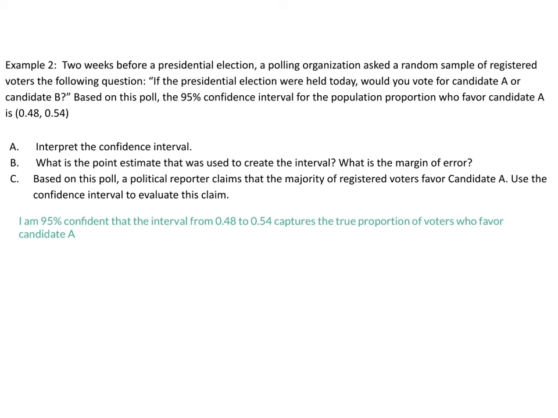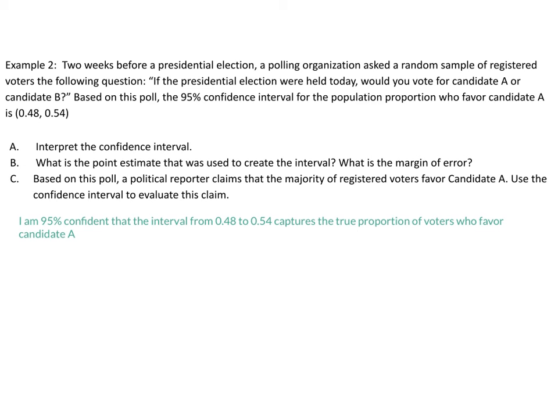You could also say I am 95% confident that between 48 and 54% of voters favor candidate A. But the statement you see on your screen is best because you're showing that your confidence is in your interval.